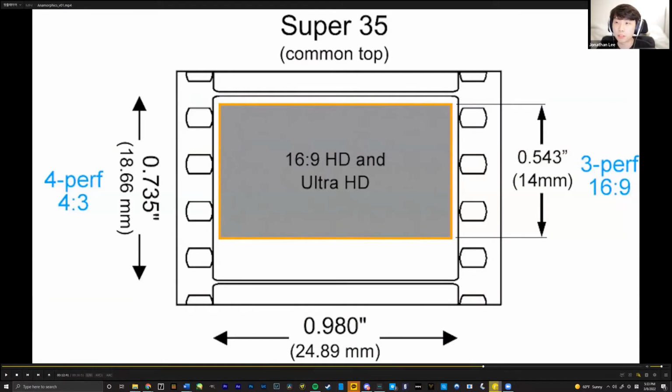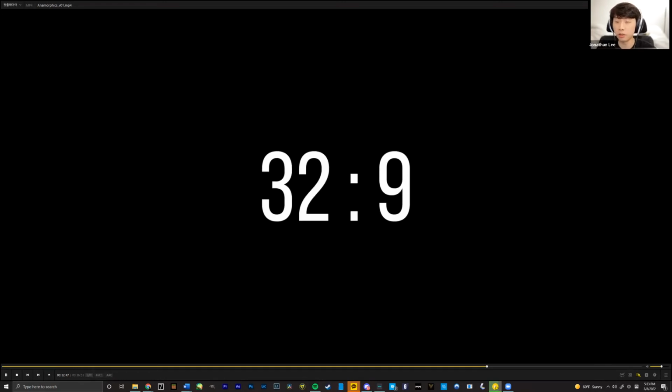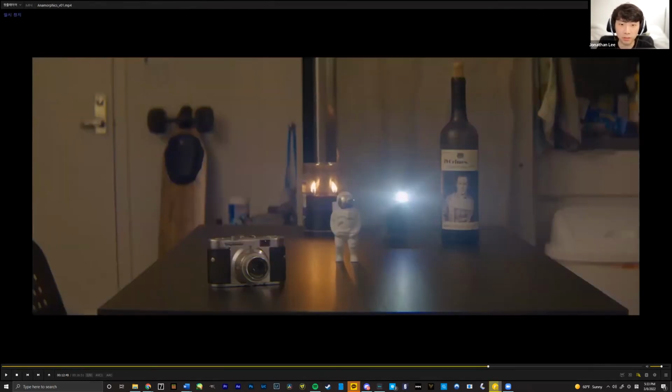But then the modern age came and they introduced the HD sensor size, which is 16:9. And consider this: when you squeeze a 16:9 sensor by 2x, you end up with a 32:9 image, which, let me show you an example.